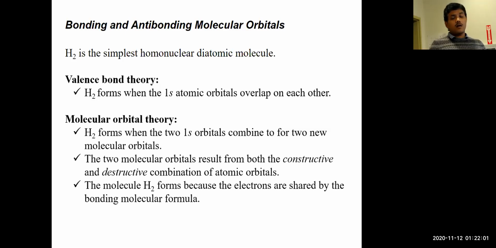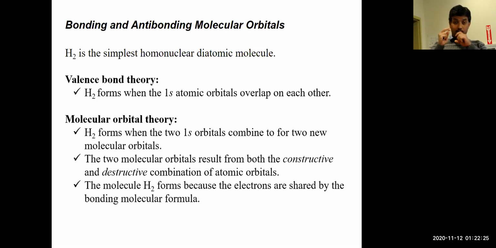However, molecular orbital theory can not only efficiently explain that H2 forms because it has a stable bond order, it can also explain other complex molecules as well. That's why we are trying to learn molecular orbital theory. So H2 uses two 1s atomic orbitals, one from each atom, to form two molecular orbitals.